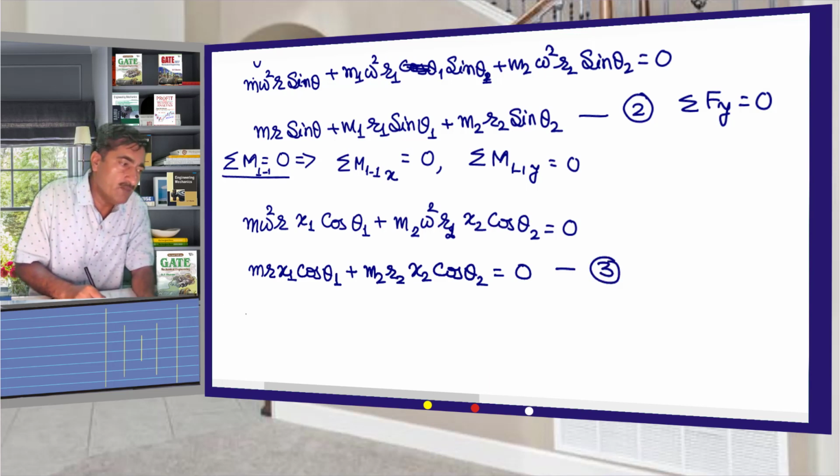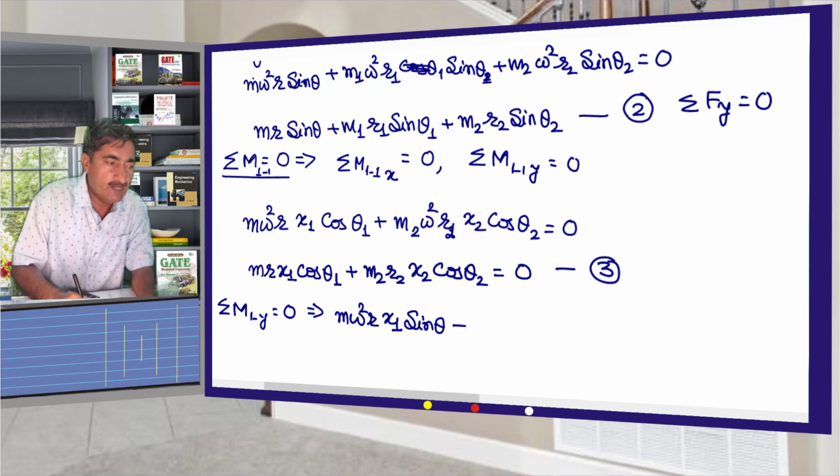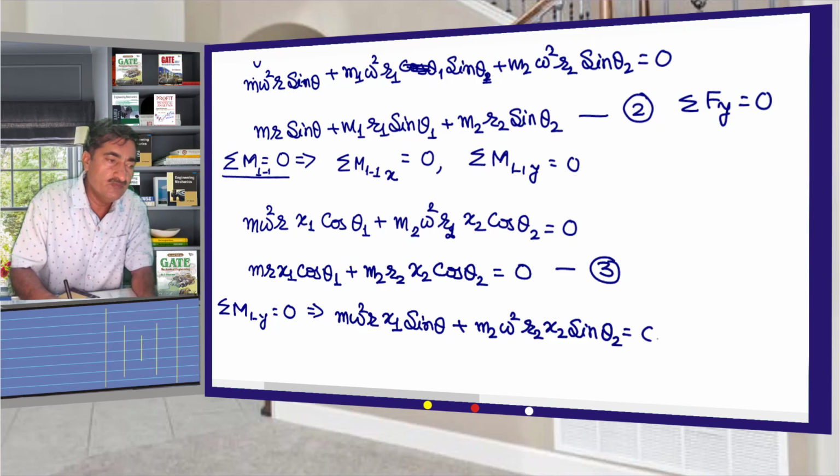And the vertical component similarly: summation M1 in y direction equal to 0, then m omega square r x1 sin theta plus m2 omega square r2 into x2 sin theta 2 equal to 0.